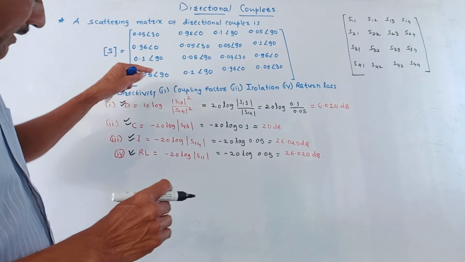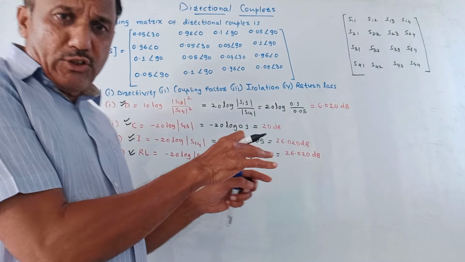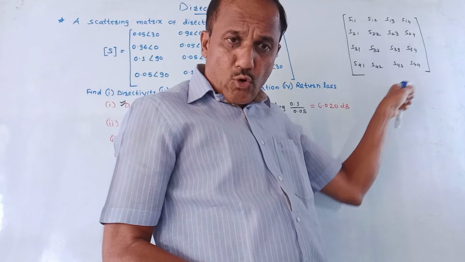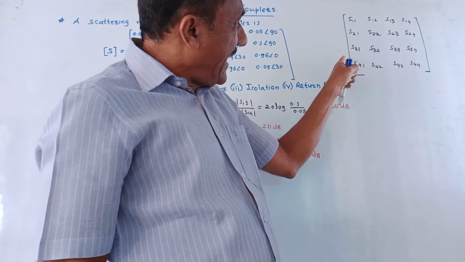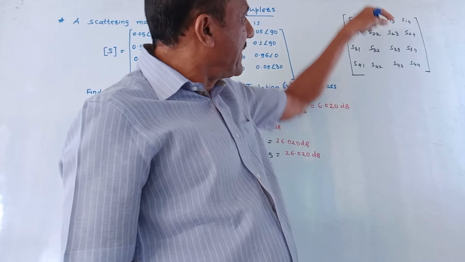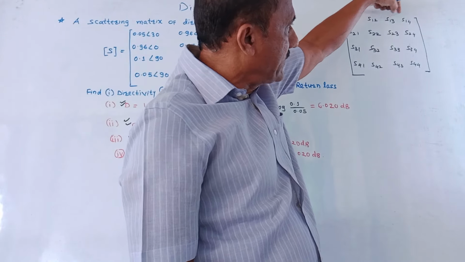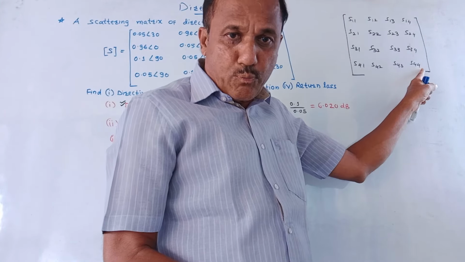It's pretty simple. If you know the formulae, just put the values, you will get the answer. But for reference purposes, I have written the S matrix of the directional coupler. These are the generalized notations we already discussed: S11, S12, S13, S41 up to S44.